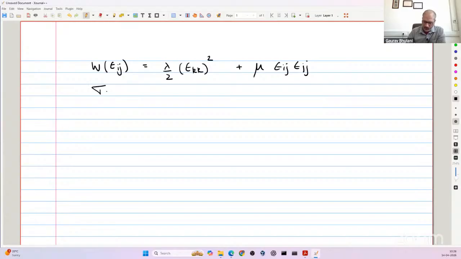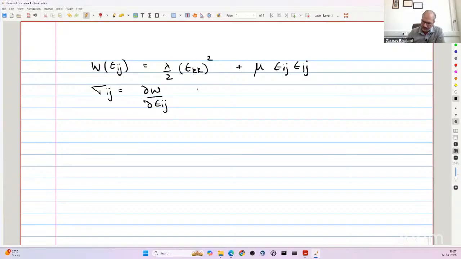And in general, sigma can be written as del W by del epsilon ij. That's also something we saw from the thermodynamic restrictions, where instead of W we had the free energy, but that's the same idea.